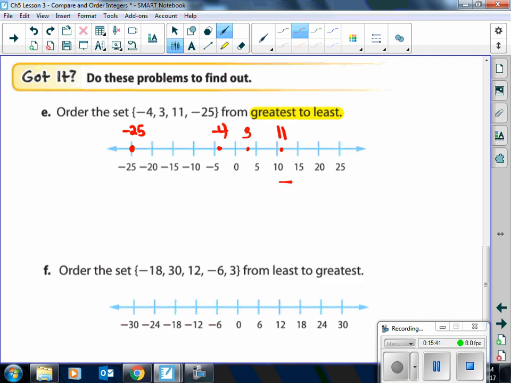So we're going to read this from right to left. So here we've got 11, 3, negative 4, and negative 25. So this is greatest to least. Is everybody clear with that?